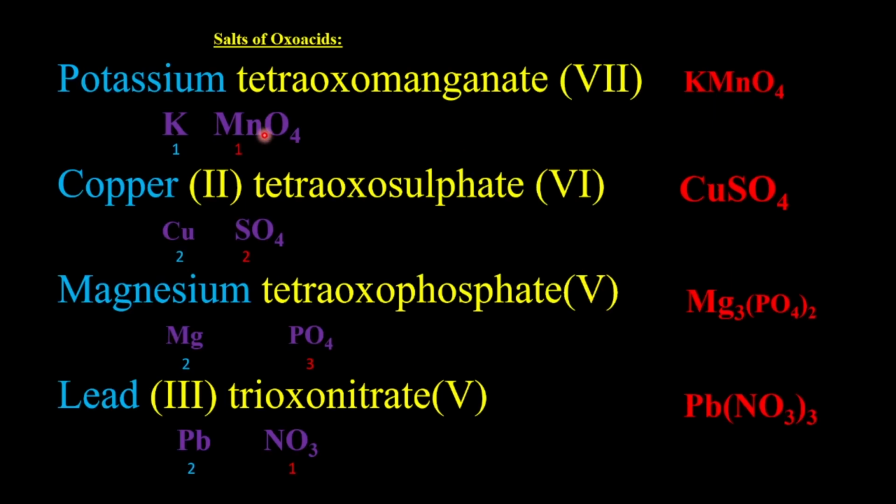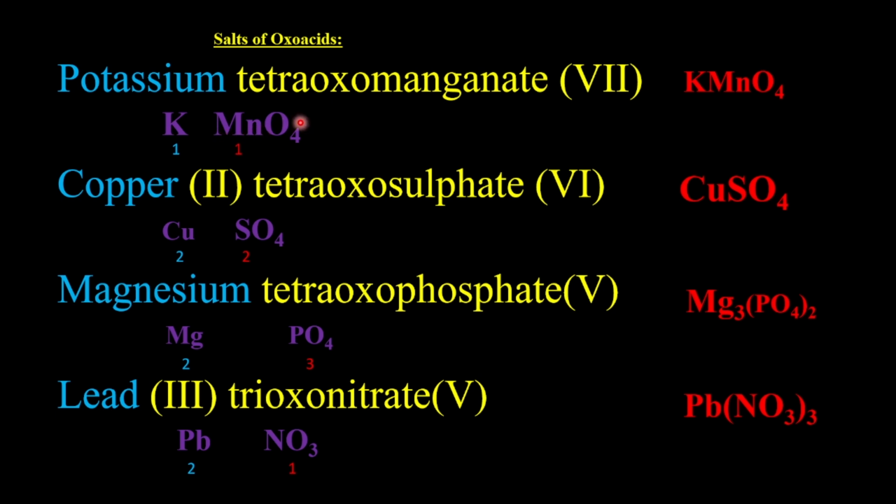Now let's move to the salts here. We have potassium tetraoxomanganate 7. Please take note of this. You see, I have indicated with blue the cations. The tetraoxo something, they are the radicals. Take note of that.